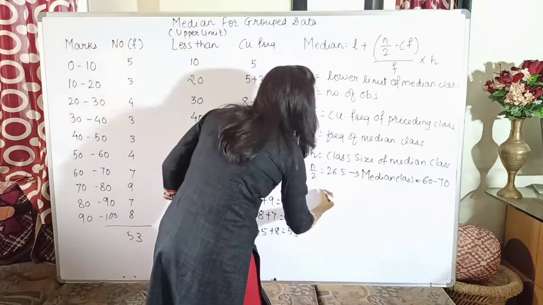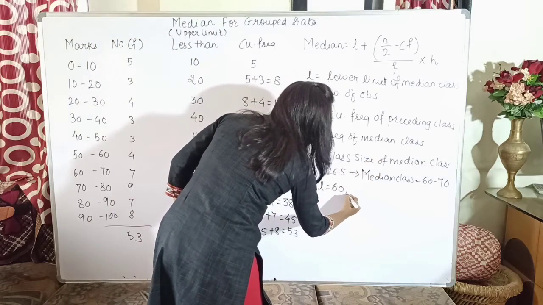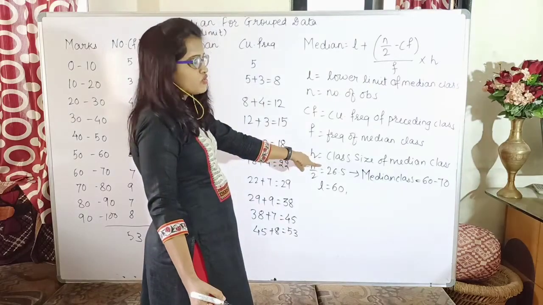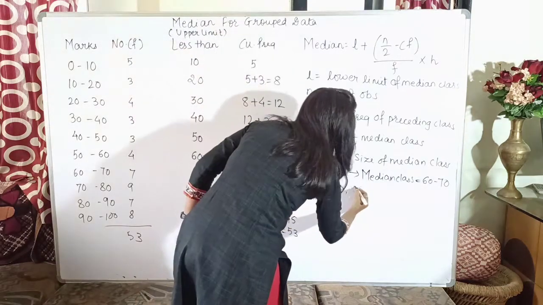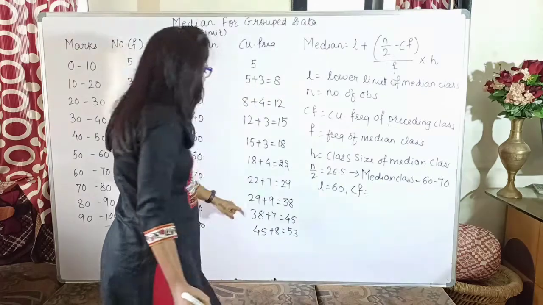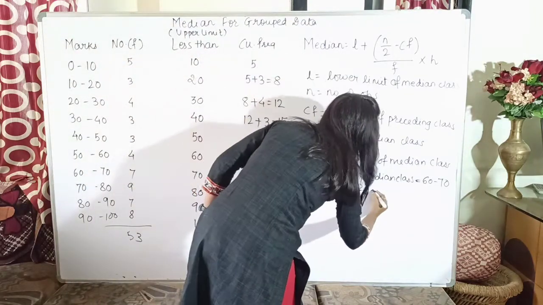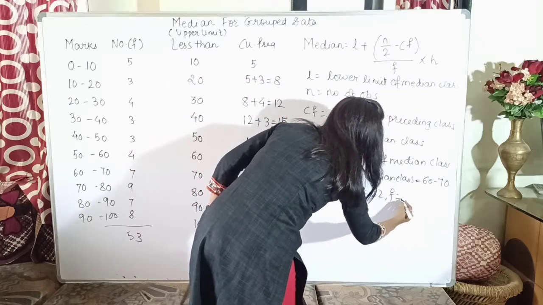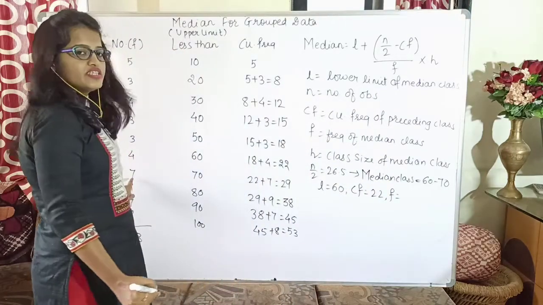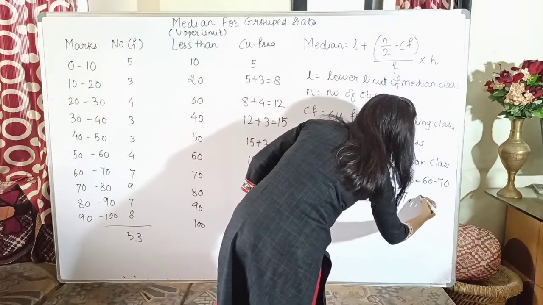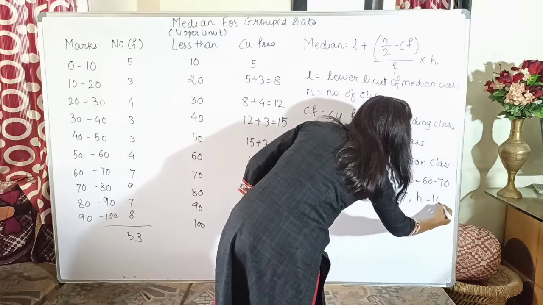L, the lower limit of the median class, is 60, whereas n by 2 we have just found as 26.5. CF, the cumulative frequency of the preceding class: the preceding class is 50 to 60, its cumulative frequency is 22. Frequency of the median class 60 to 70 is 7, whereas the class size h is 10.